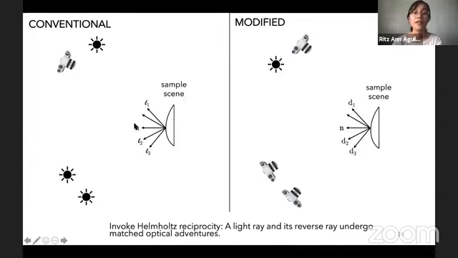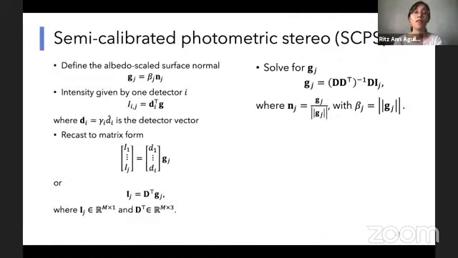The normal vectors will later give you the 3D shape of the object. After representing the albedo scaled surface normal, you collect the intensity recorded by all detectors and recast that into a matrix form that looks like this.